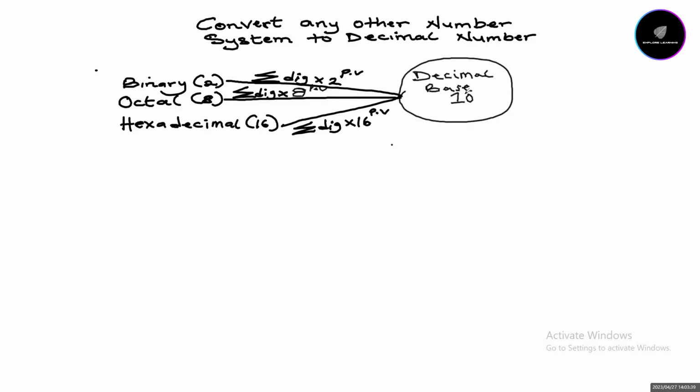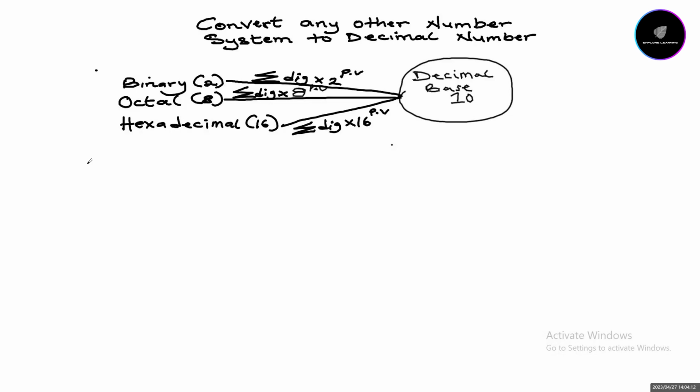We have a formula to convert other number systems to decimal: the summation of the digits multiplied by the radix raised to the power of the place value. We're going to consider different scenarios, where we have decimal points and where we have a whole number, and determine the place value before and after the decimal point.